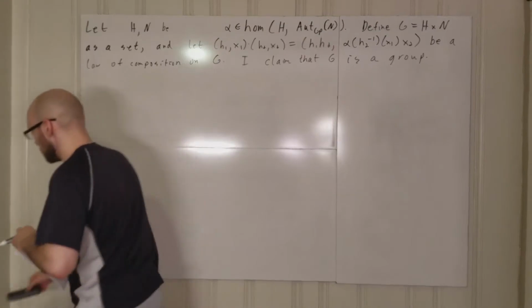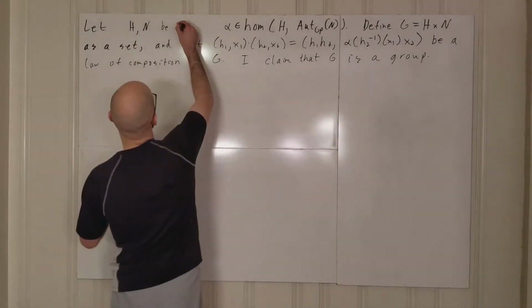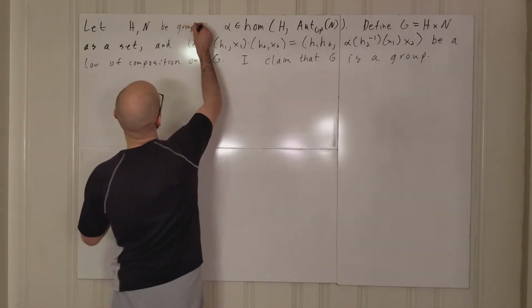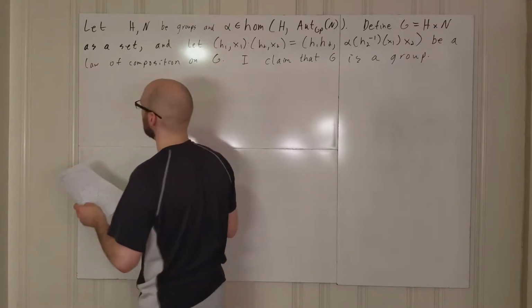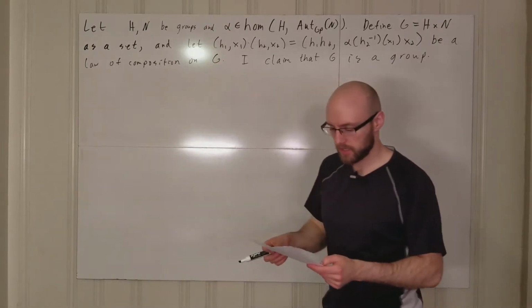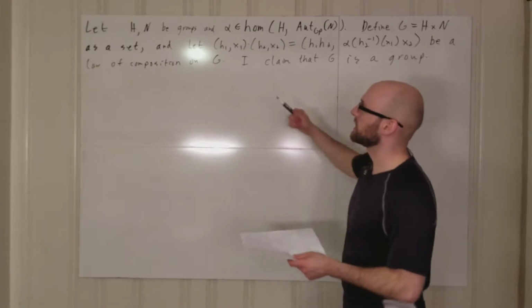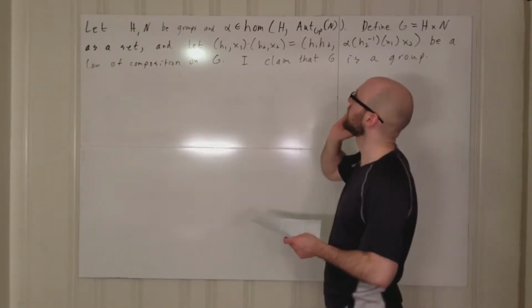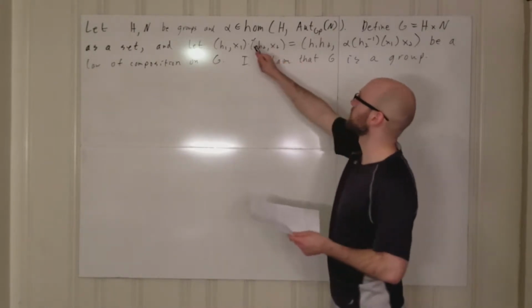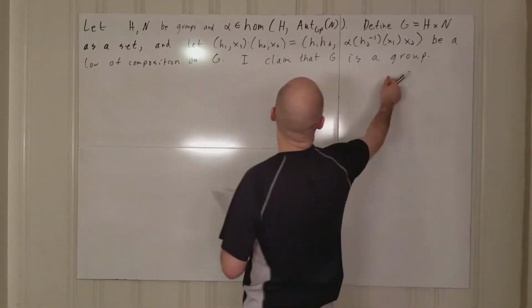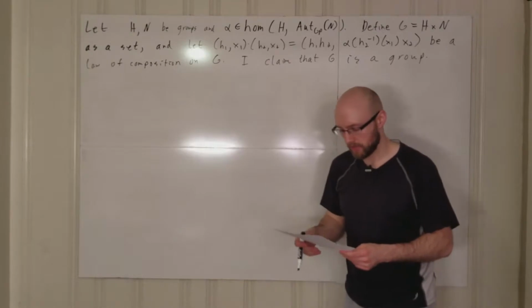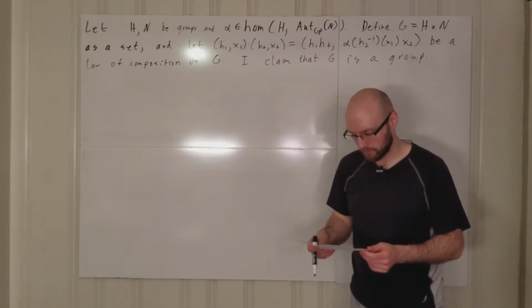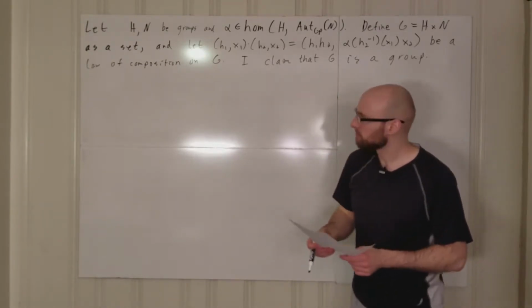Because I don't think we need them to be subgroups of G, because we don't even have G yet. I think what you can do is just start with any two groups, H and N, and any homomorphism alpha, and define G that way.